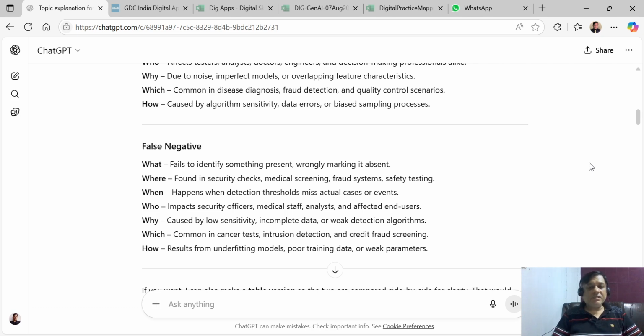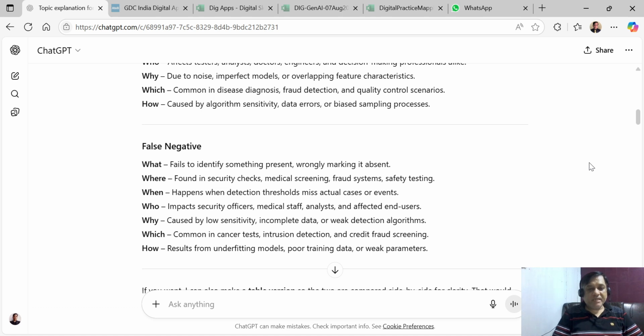Where it is found: in security checks, medical screening, fraud systems, and safety testing. When it happens: when the detection thresholds miss actual cases or events. Even in machine learning, we have less learning, meaning it is learned less than it should be, so the false negative comes up.